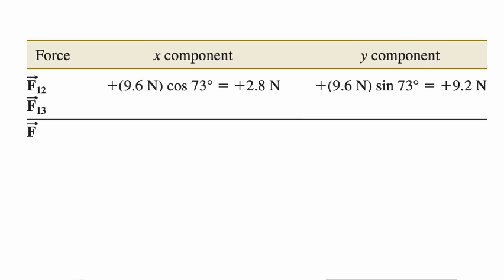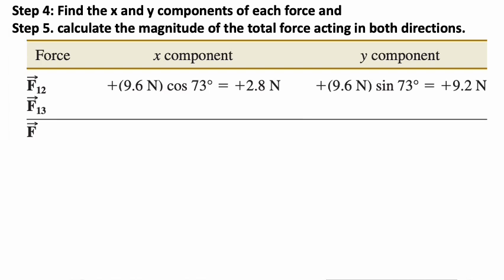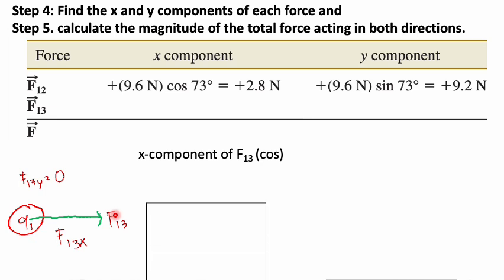Now, how about the components of the force on charge 1 by charge 3? We have the illustration here, the free body diagram. This is our F13. The X component is actually the same as the force here because it is just lying on the X-axis.